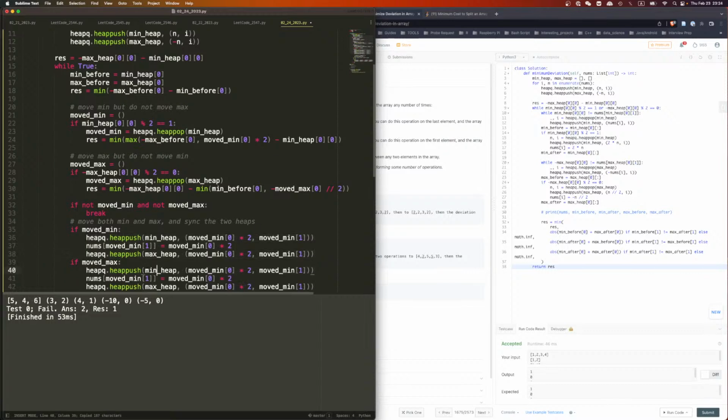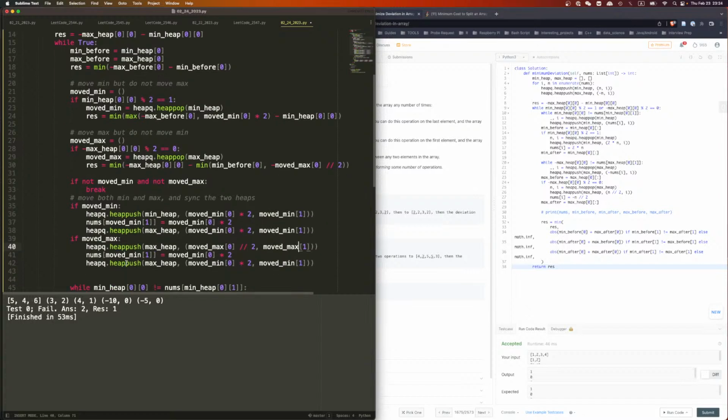So we'll push the max heap, right? Moved max divided by 2, moved max 1. Nums of moved max 1 equals moved max divided by 2, but we have to go negative here. And heapq will push the min heap, moved max divided by 2 and moved max.